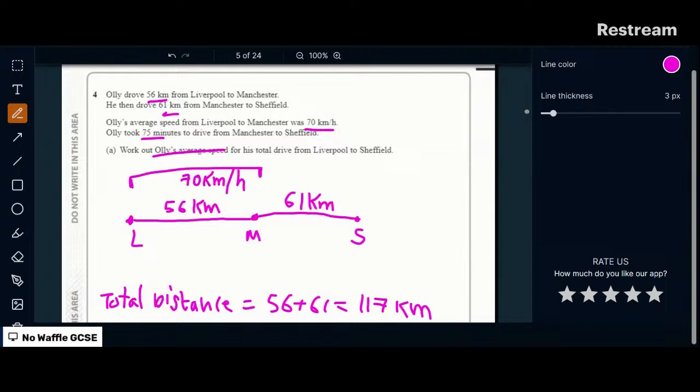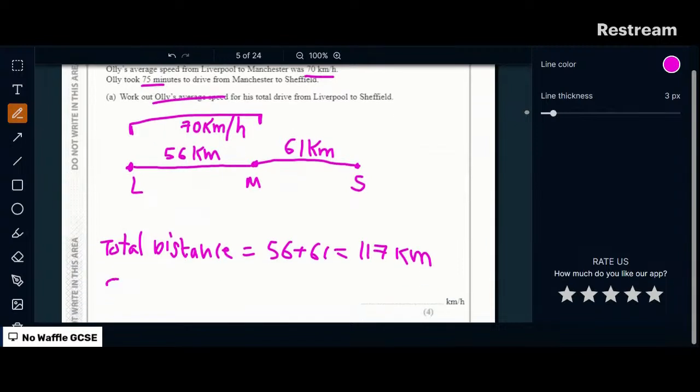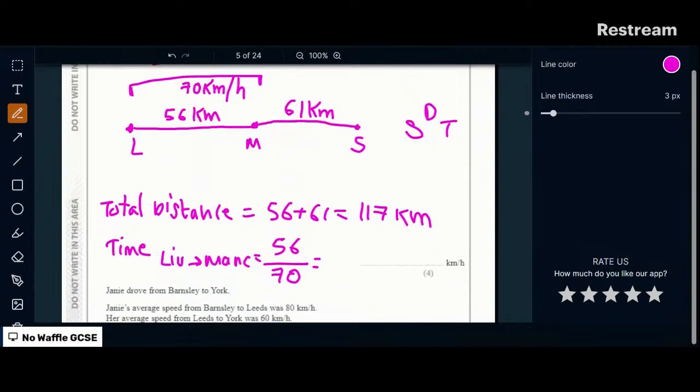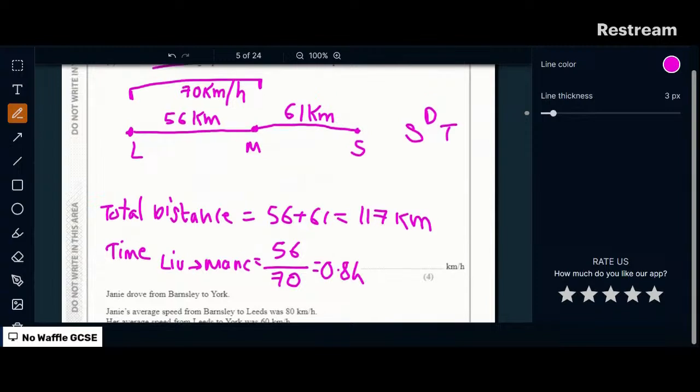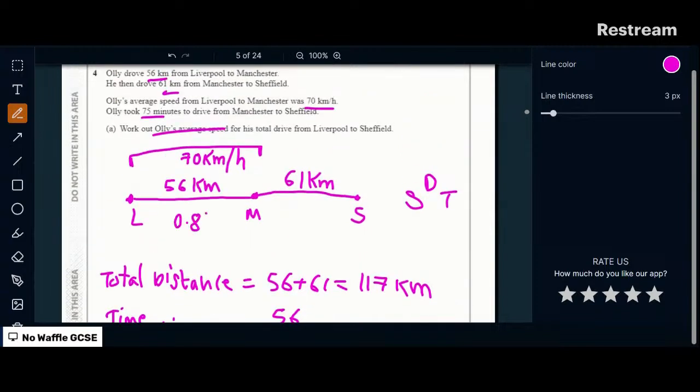So then we can work out the time from Liverpool to Manchester, because speed is equal to distance divided by time. And if we're working out time, time is going to be the distance over the speed. So 56 over 70, which is 0.8. So 0.8 hours for this first part of the journey.